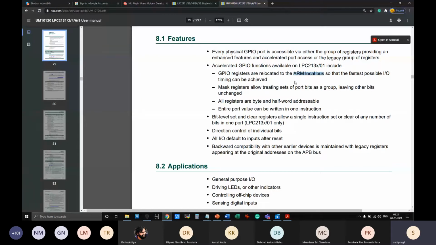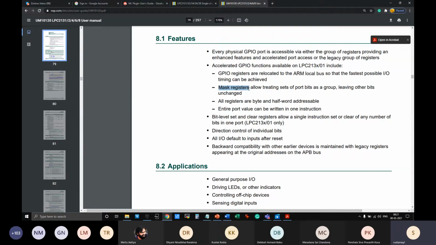That means there is very low latency, and then there are certain masked registers that allow treating a set of port bits as a group. So what is mask? Mask is basically you can enable or disable certain pins out of this GPIO by using certain registers. These are called the mask register set.